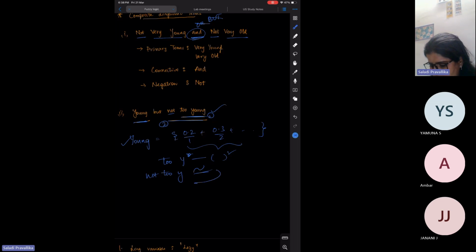Then you have the connective term "but." "But" is also like "and," you are going to take the intersection. You're not going to take union, you're going to take intersection between this fuzzy set and the fuzzy set you obtained over here. That is how you get your final fuzzy term set.